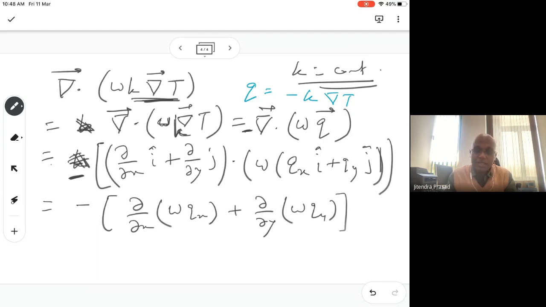Okay, so this is elegant. That's why we converted it back to this. Is equal to minus, and then we get qx dw over dx plus q.